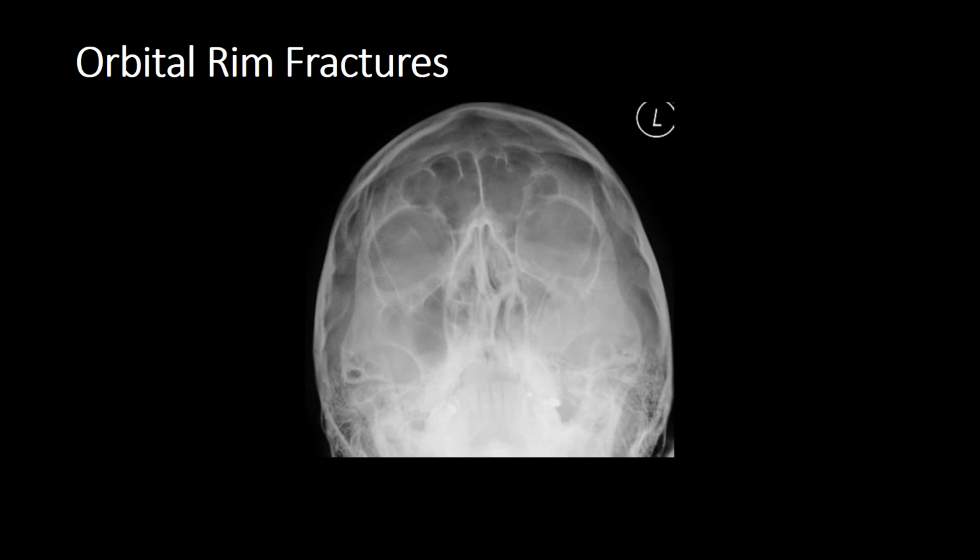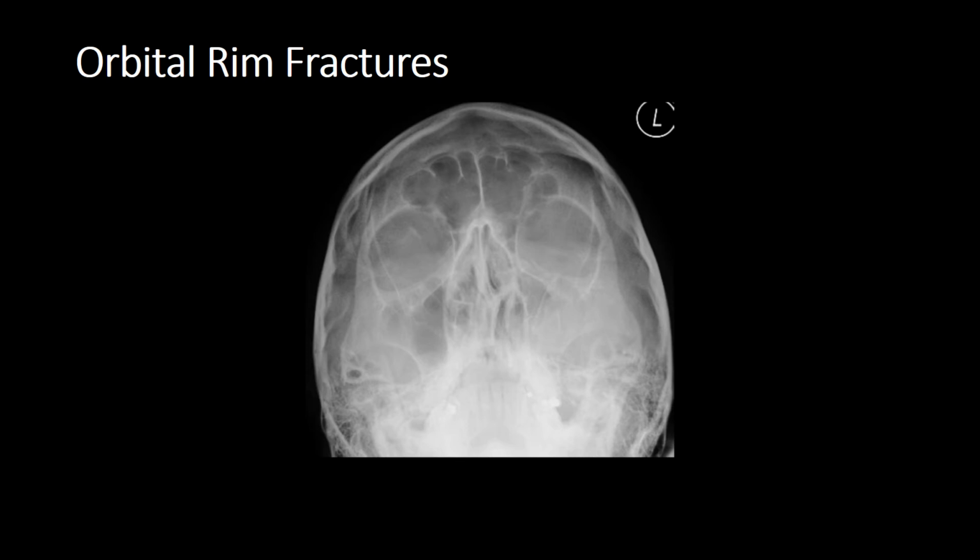So if you have a blowout fracture, which is a fracture to the orbital floor, you are looking for that soft tissue sign, the teardrop sign, which is the herniation of the orbit into the antrum below, which we don't have. So an orbital rim fracture here is not the same as an orbital floor fracture.